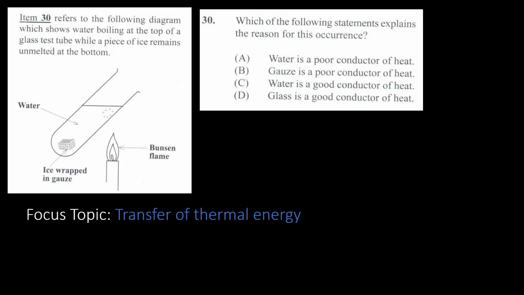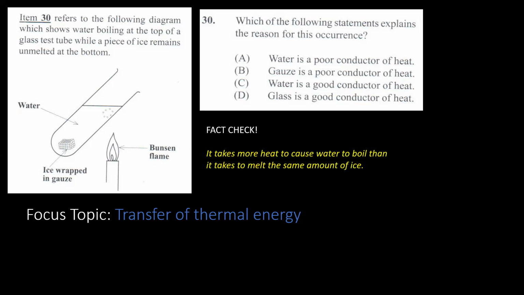Of course, this is because water is a poor conductor of heat, so it takes more heat to boil water than it does to melt the same amount of ice. And we can actually reference that by looking at the latent heat of fusion and vaporization for ice and water respectively. So it's A.